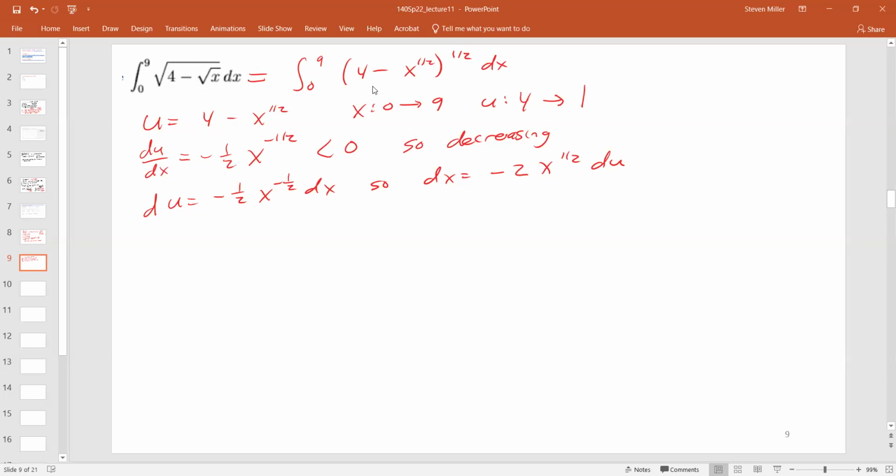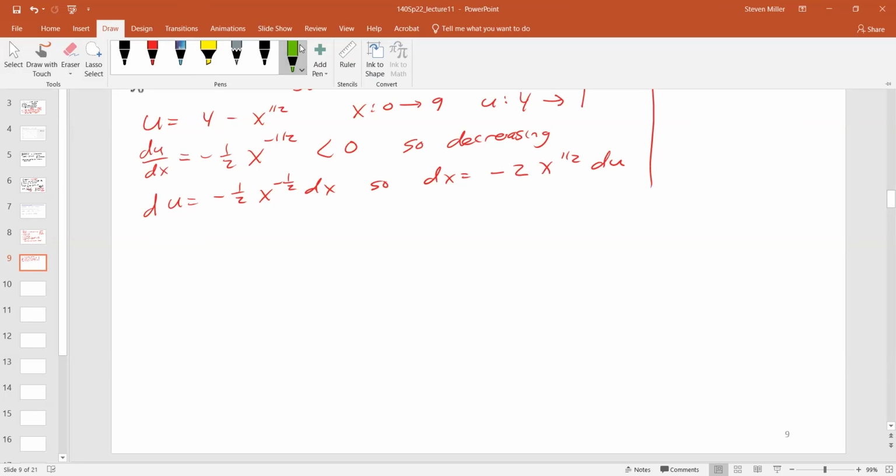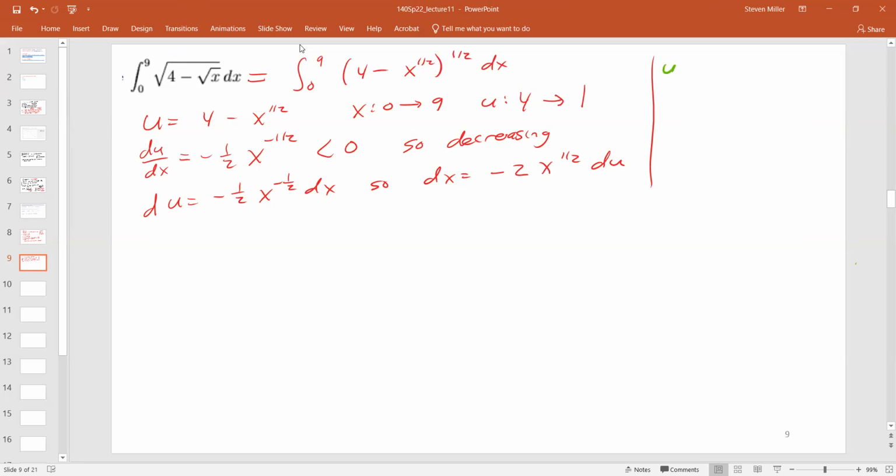So before we had u equals 4 minus x to the 1/2. I'm trying to solve for x to the 1/2 in terms of u. Just move it over to the other side and get x to the 1/2 equals 4 minus u. There's no need to square it and solve for x.